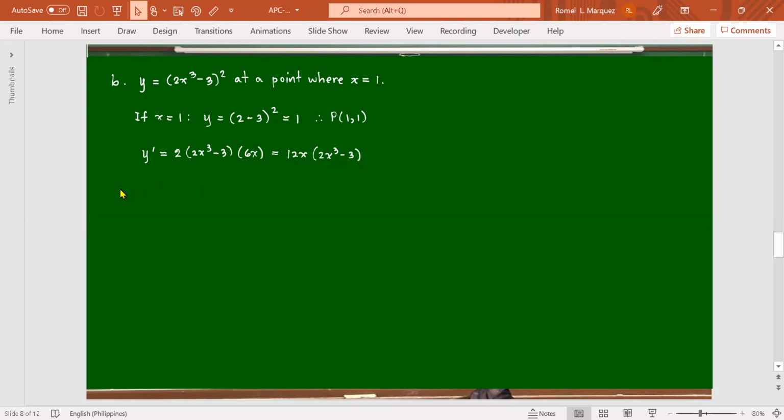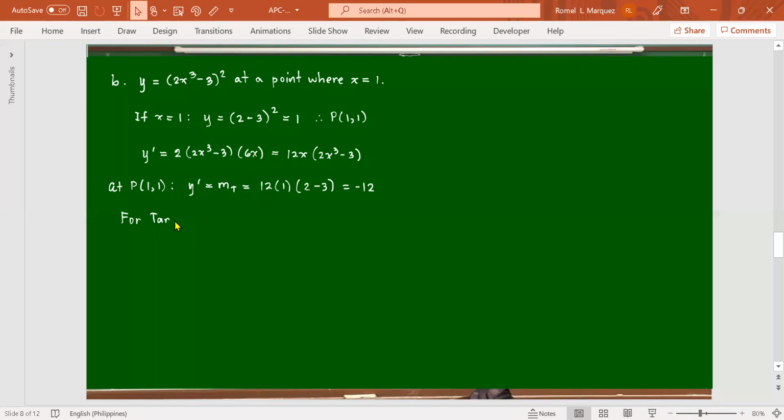So at the point (1, 1), we have y prime, which is equal to the slope of the tangent at that point, equal to 12 times 1. 2 times 1 cubed is 2 minus 3. So getting negative 12. Is that correct, children of the Philippines?